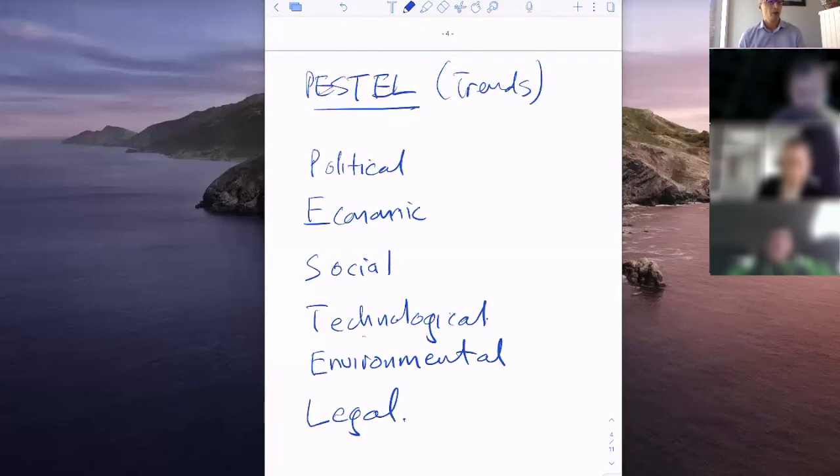Okay, so what's happening politically? Does it impact your business, your industry? Some industries are obviously influenced by legislative changes and so on, such as financial planning.